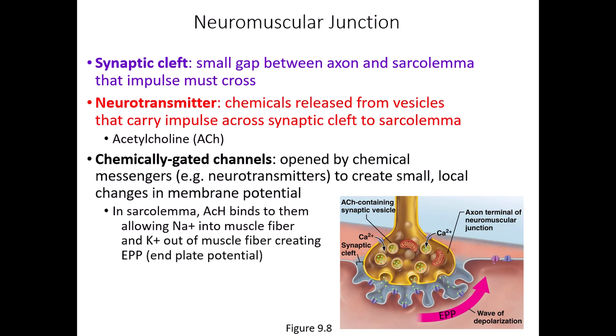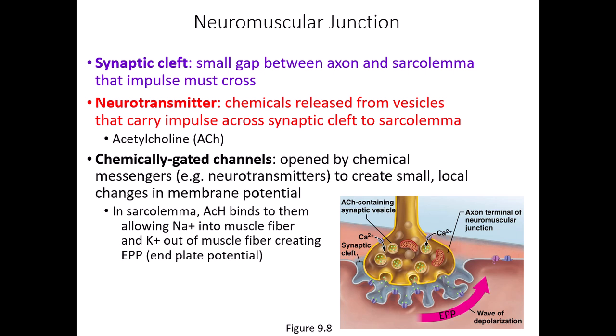So we'll look at this in a little bit more detail, but basically the neurotransmitter crosses the synaptic cleft through diffusion, binds to these chemically gated channel receptors on the sarcolemma, which causes them to open and allow sodium into the muscle cell and potassium out of the muscle cell.